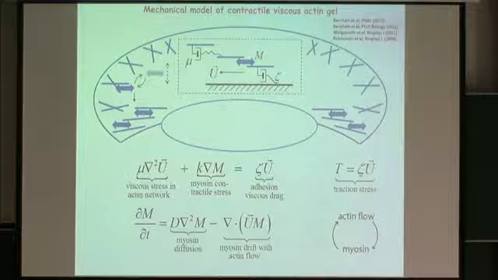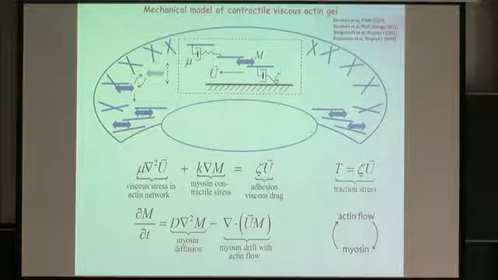Basically, the simplest thing I can say is, experiments show pretty much unequivocally that if you deal with time scales longer than a few seconds, and in this case the relevant time scales are tens of seconds and minutes, then the actin network is pretty much viscous. The reason for it is that it's cross-linked by, as I said, many actin-binding proteins, and these proteins bind and unbind on the scale of 1 second.